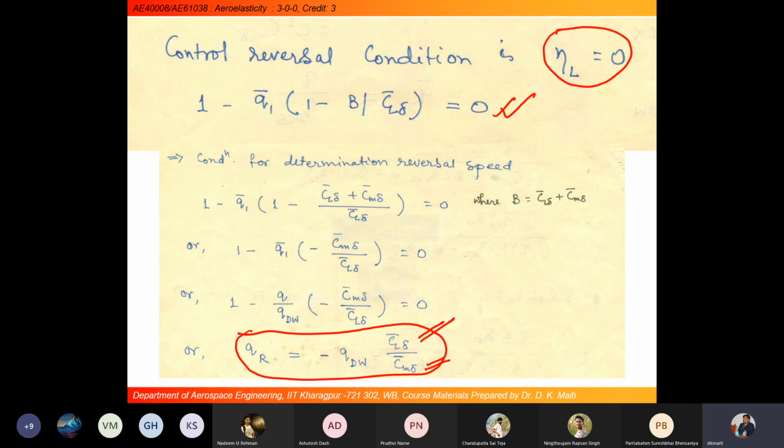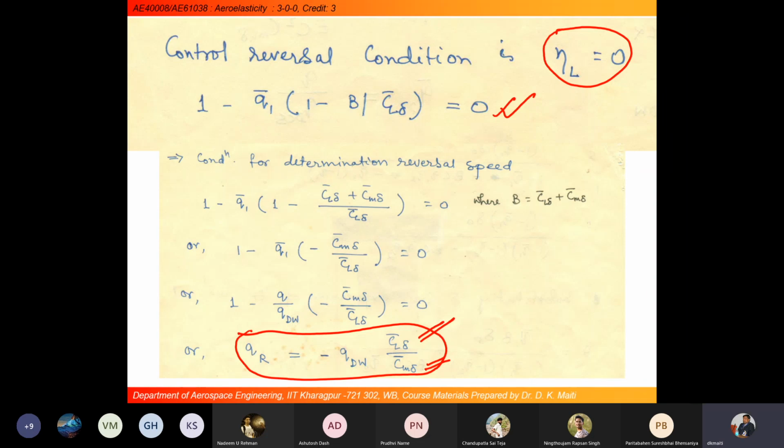Okay, let me just give the information related to the last class, what we have discussed. In the second case, case 2, we considered that k delta is finite, meaning the control actuator stiffness is finite.